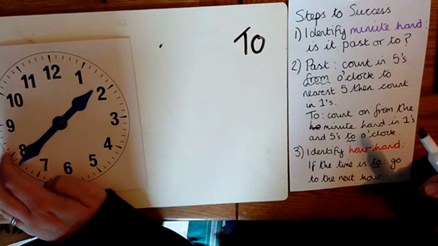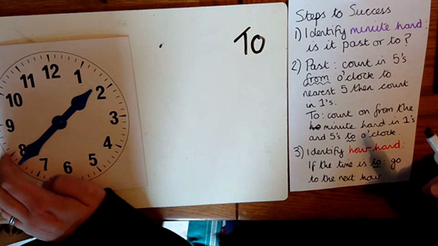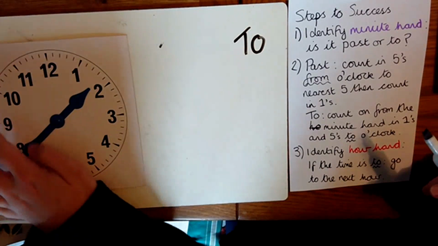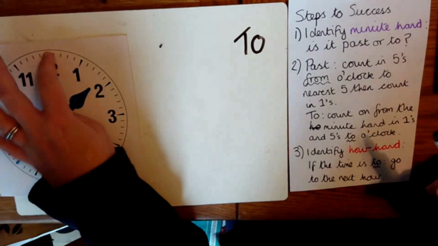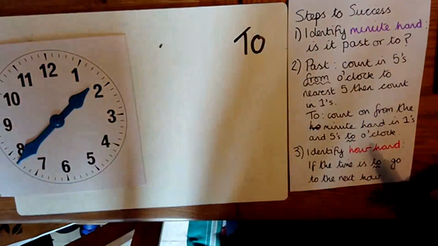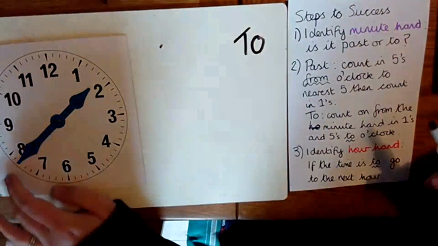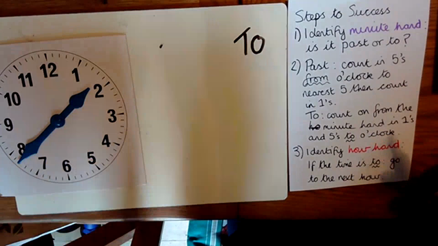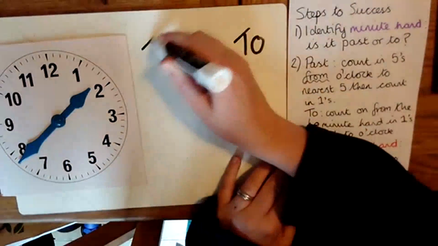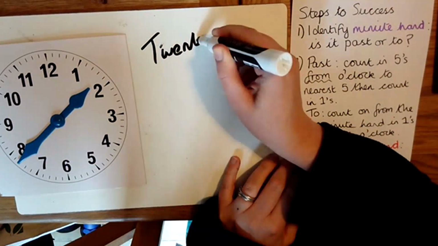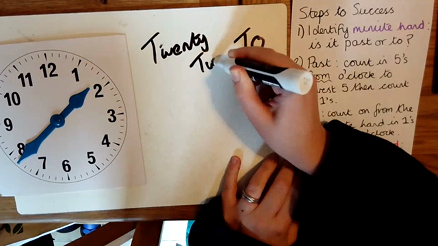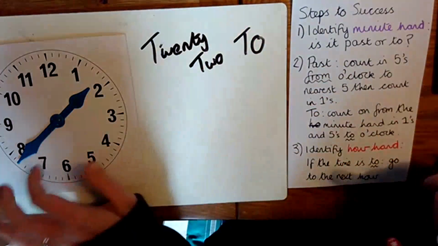So 2, and then I'm going to go 5, 10, 15, 20. It's 20, so 4 groups of 5, and then I'm going to add on my extra 2, 22. So it's 22 minutes, not 22 minutes to, and where's my hour?